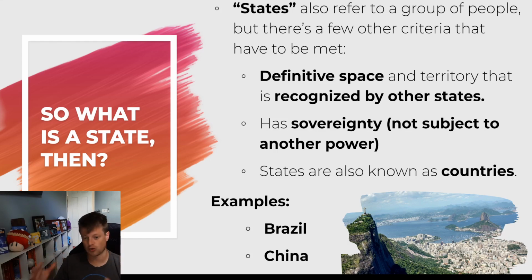It has control over that space, and it doesn't owe allegiance to somebody else. A shorthand for that is that states could logically be called countries. For an example, you could think of Brazil or China or the United States as a state. Canada would be another instance.